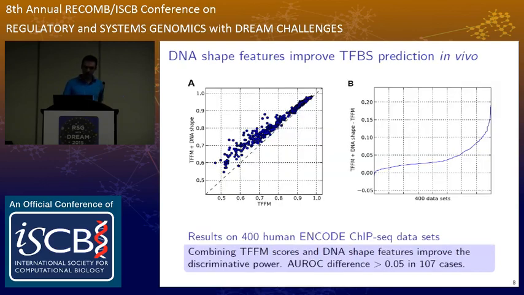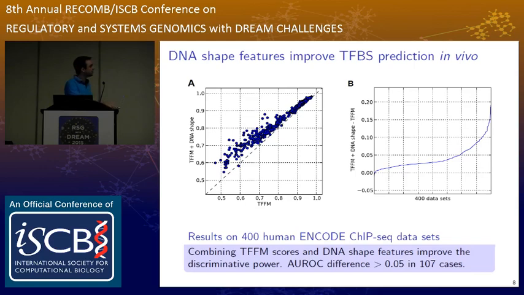So we've applied that to 400 human ENCODE ChIP-seq data sets, and we've computed, using a tenfold cross-validation approach, the area under the receiver operating curve. And here you have the accuracy that you obtain. So here on the x-axis, you have the accuracy that you obtain when you use the TFFM score only to make this discrimination.